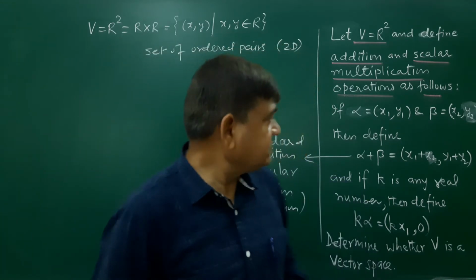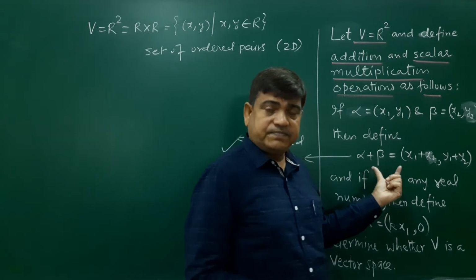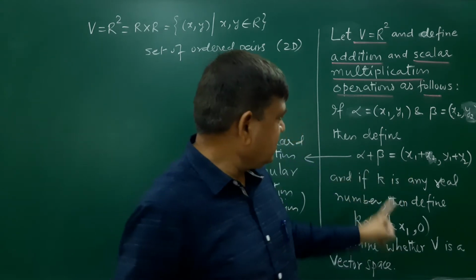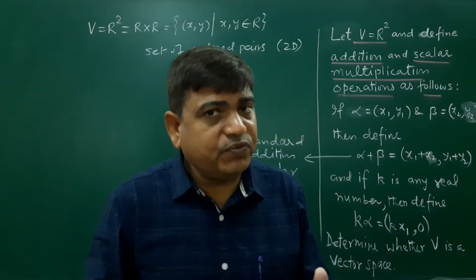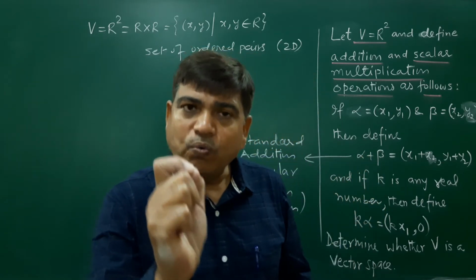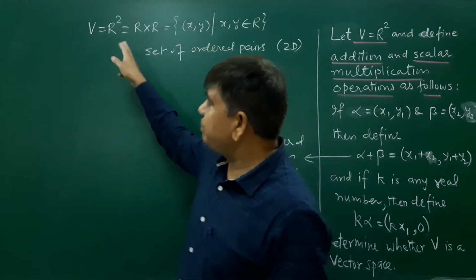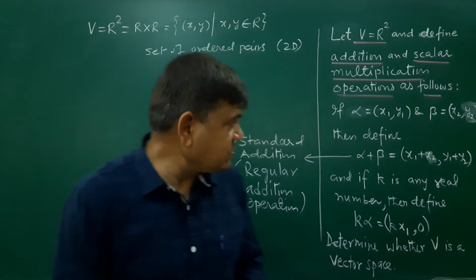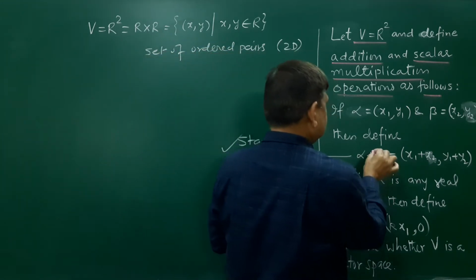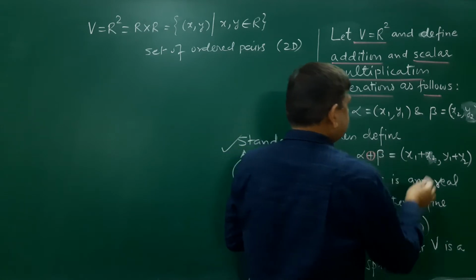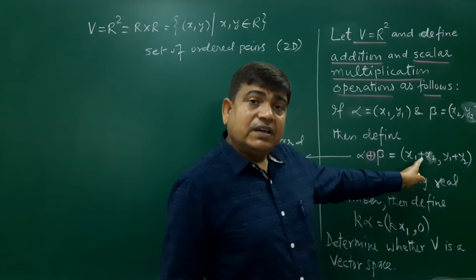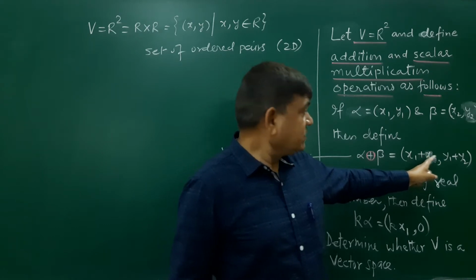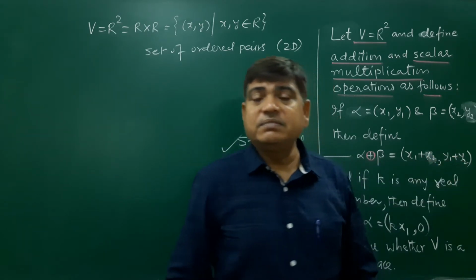This we have done yesterday, but remember here the plus sign is between two vectors, means the members of V, and generally we use this symbol, you know that. x1 and x2, y1 and y2, these are real numbers.